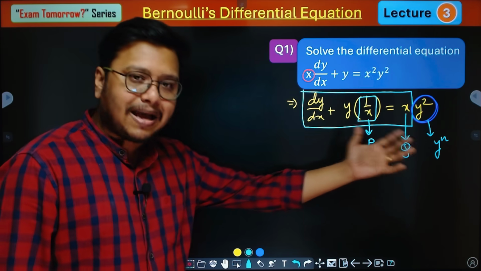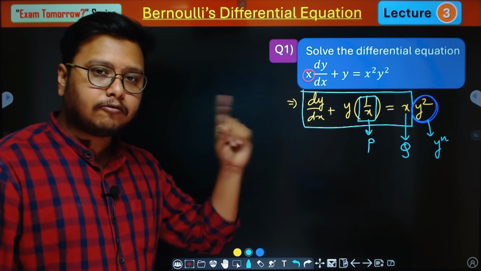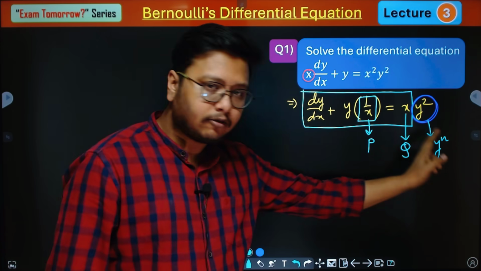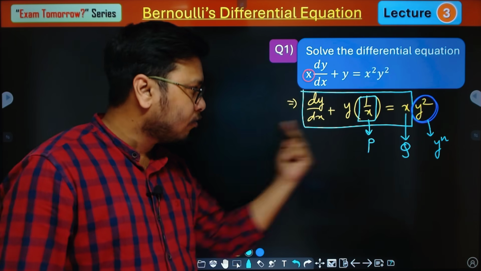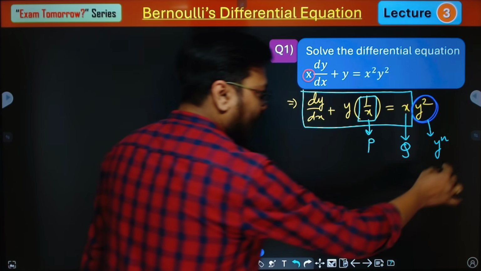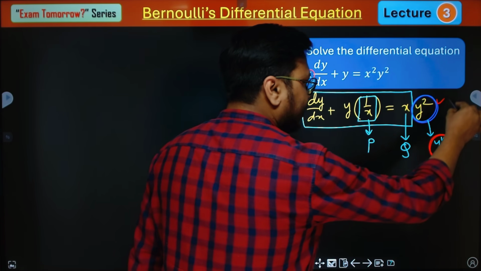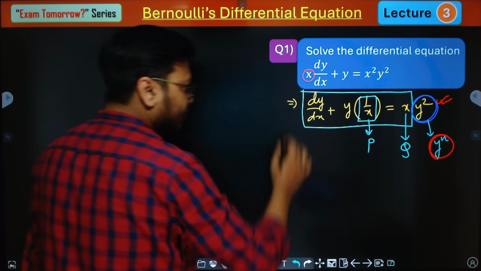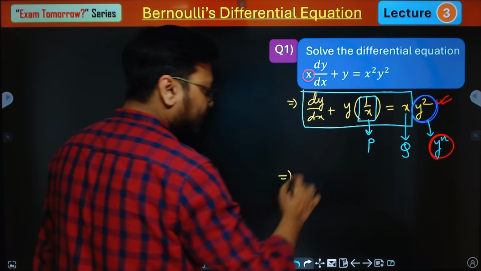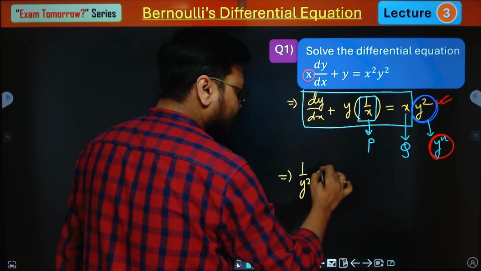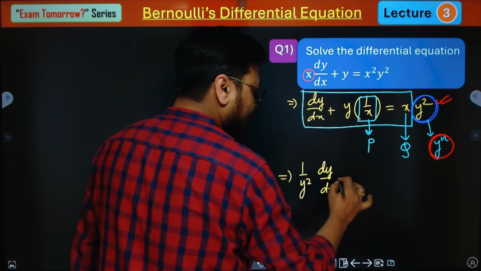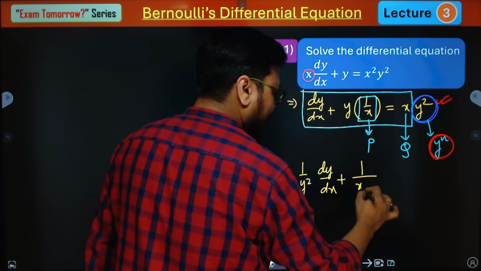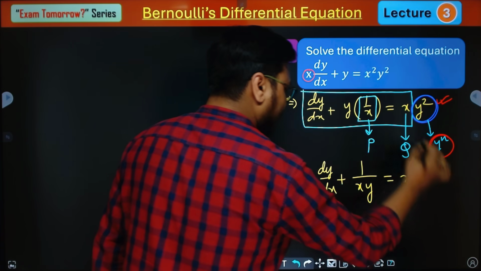So it's directly matching with the format. Now as I told you, the first step, once you have brought the format, is to divide all over by the term y to the power n. That means divide by y squared all over. That's step number 1. So I'll have 1/y squared dy/dx plus 1/(xy) equals x.